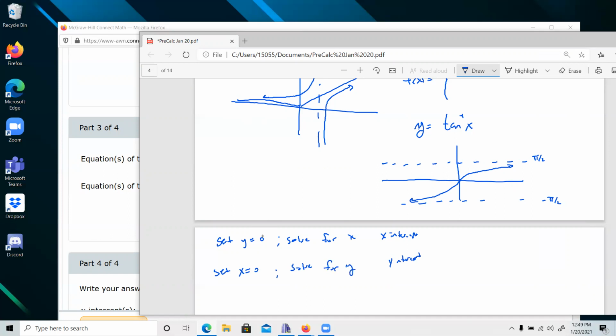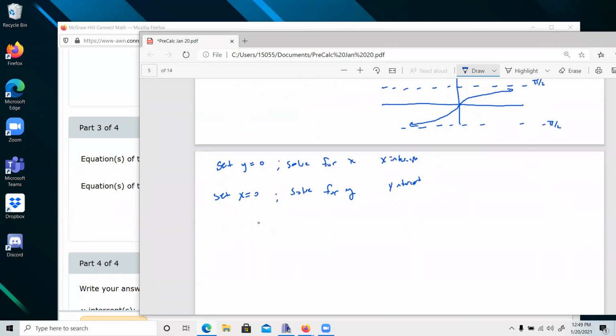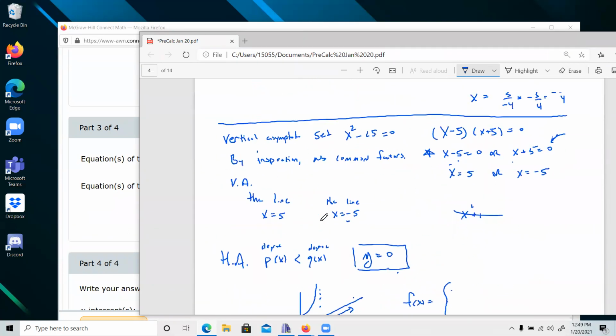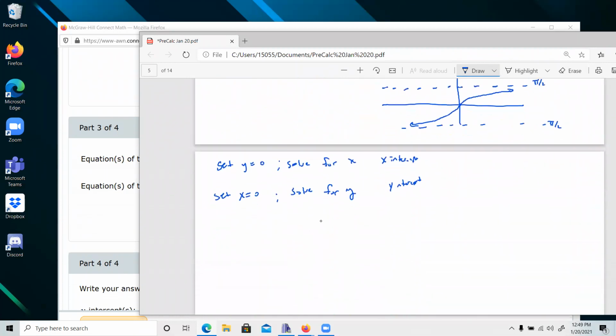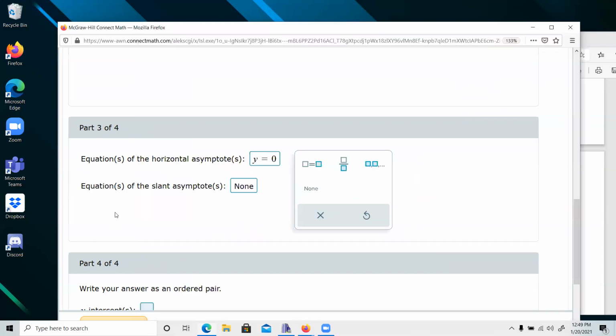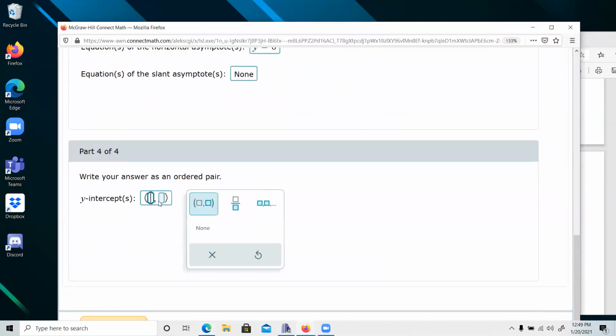So all we're going to do is set x equal to 0 here. Let me go back and look at my function. Negative 4x minus 3, and this was x squared minus 25. So set x to be 0. We have 0 minus 3 over 0 minus 25. Then 3/25. So x is equal to 0, y is equal to 3/25.